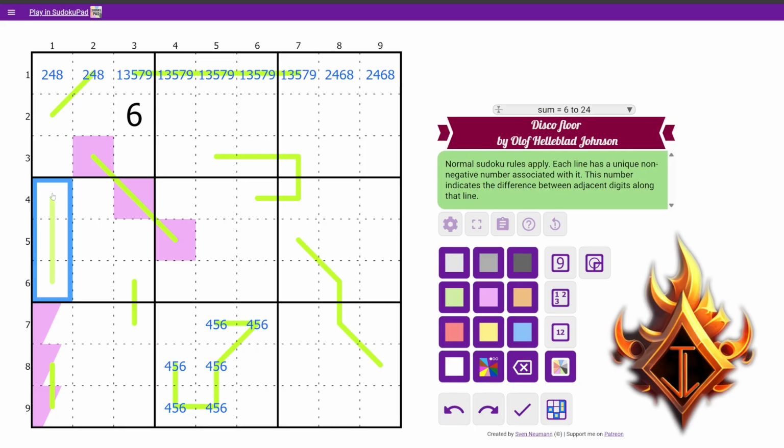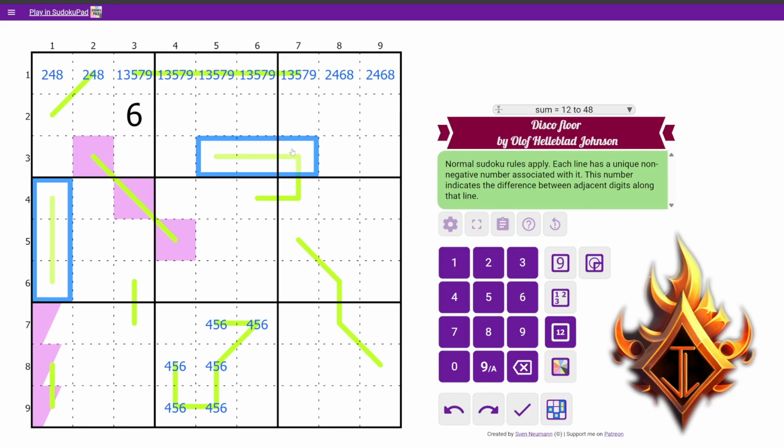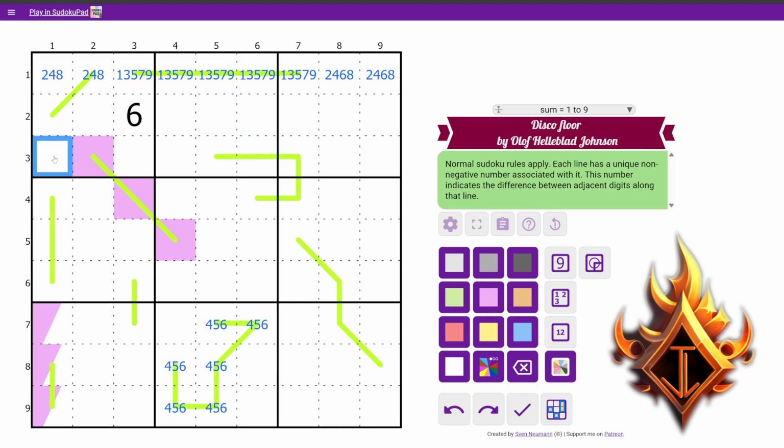Suppose it would. 1, 5, 9 either goes here or here, which means this cannot be 1, 5, or 9.